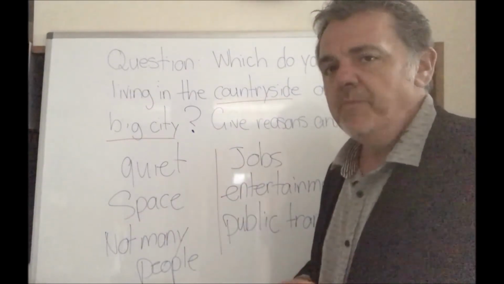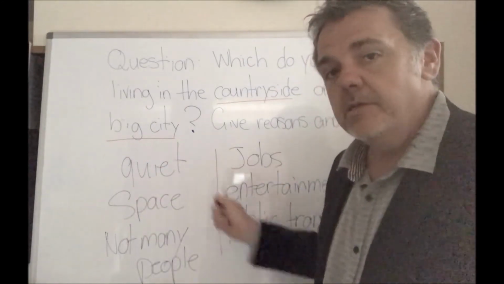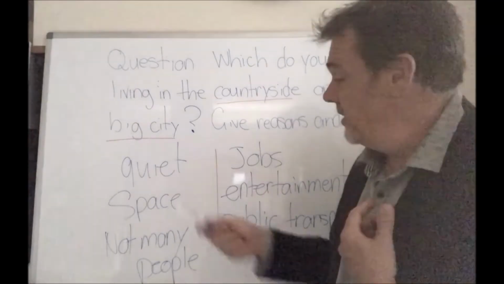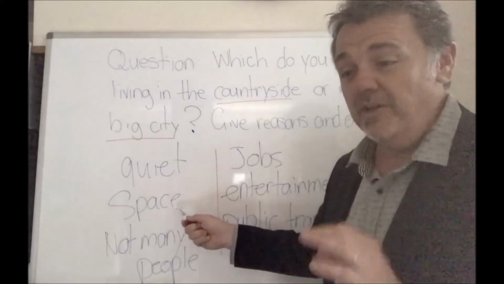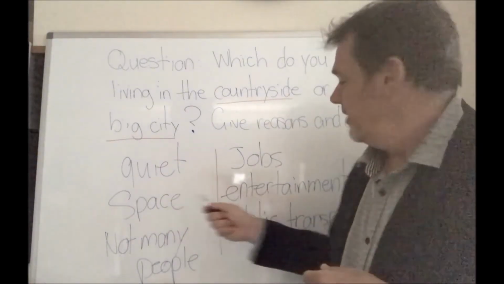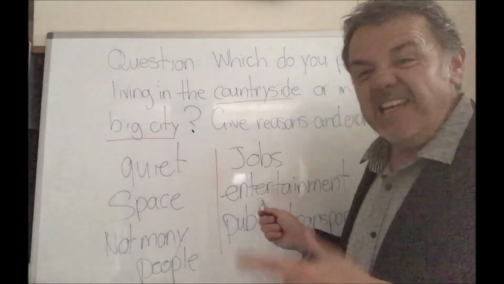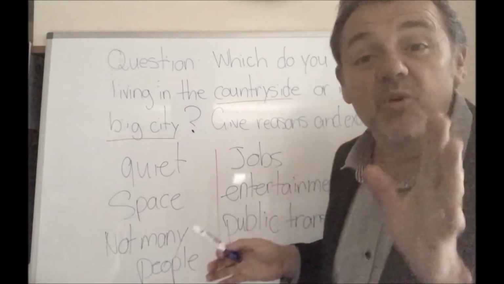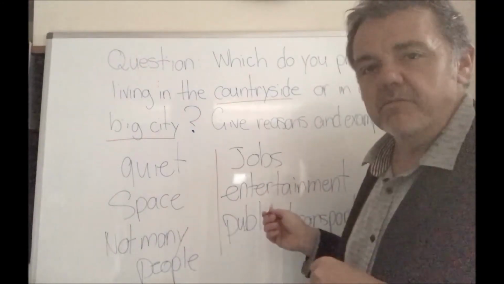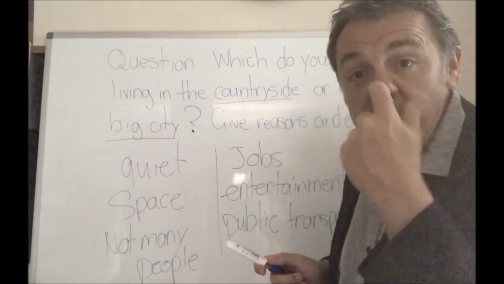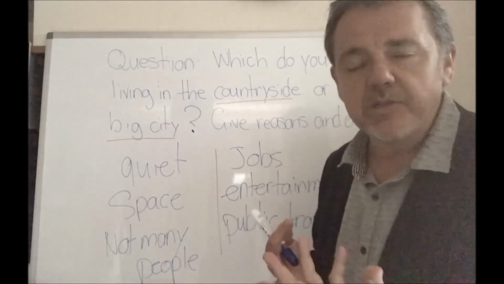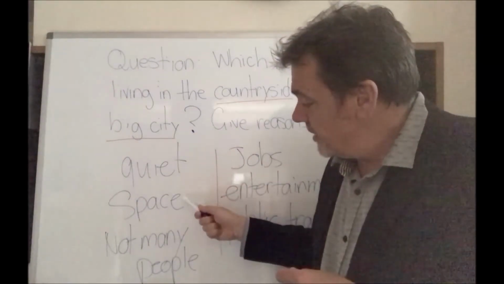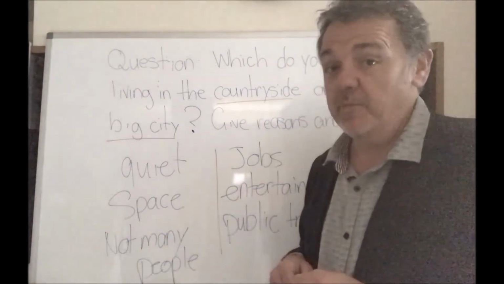However, if I get these ideas, but I think to myself, I prefer living in the countryside, but living in a big city is easier to write about, I might write about that, even though it's not really true. I still might go with this because it may give me a little bit more time to write. I don't have to think as much because it's easier to write about. But anyways, I'm going here. It's quiet, it's spacious, and there's not many people.